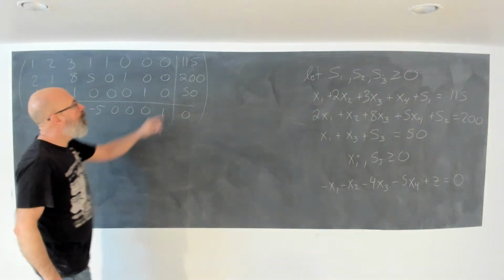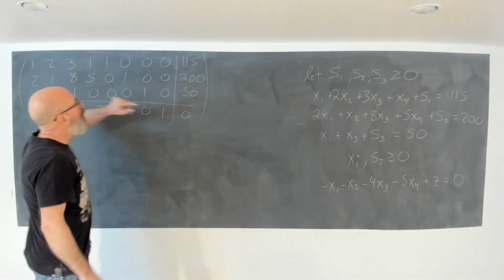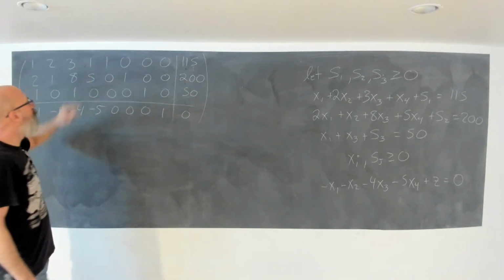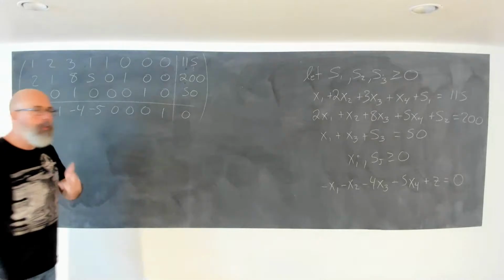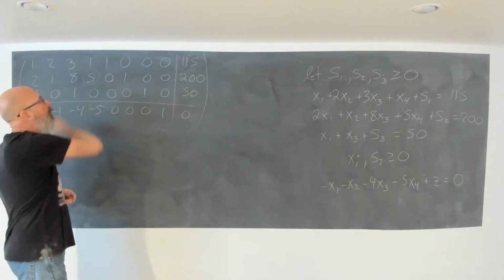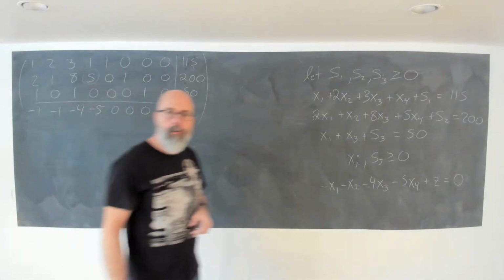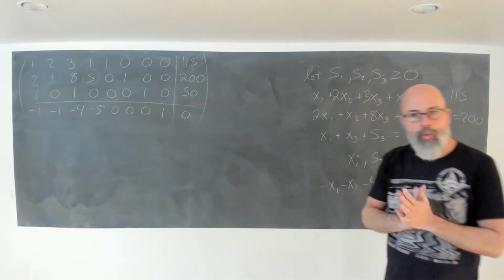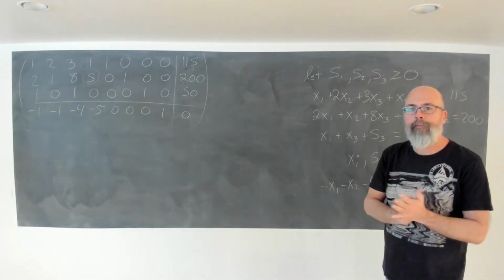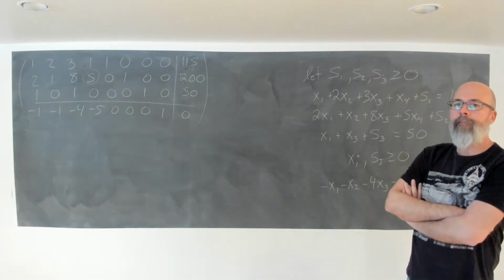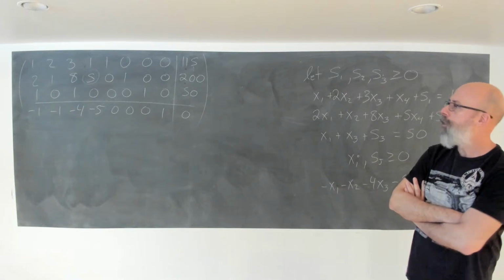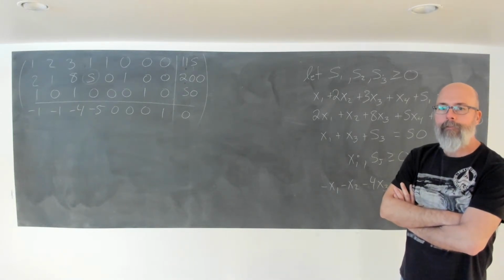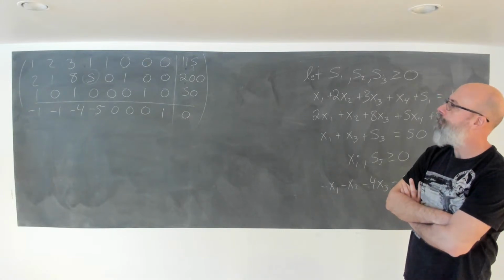How do we choose it? Smallest quotient. 115 divided by 1 versus 200 divided by 5. Pivot is not 1, but 5. Smallest quotient, right? People? 5? Great.